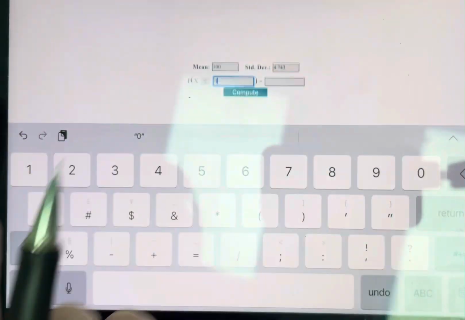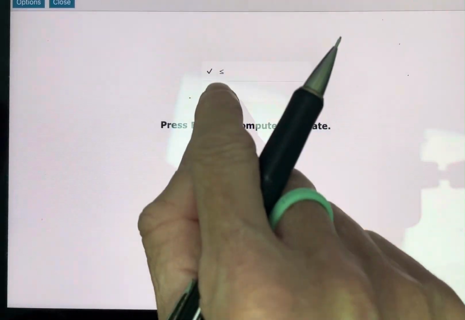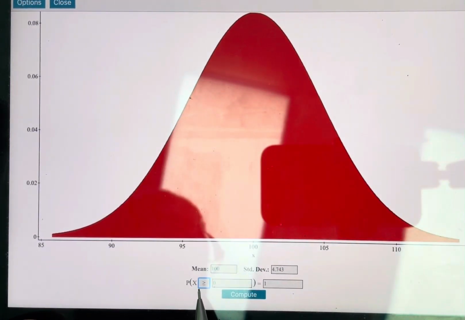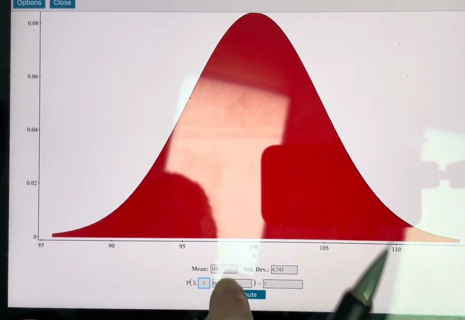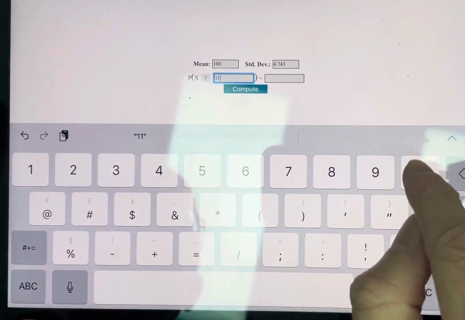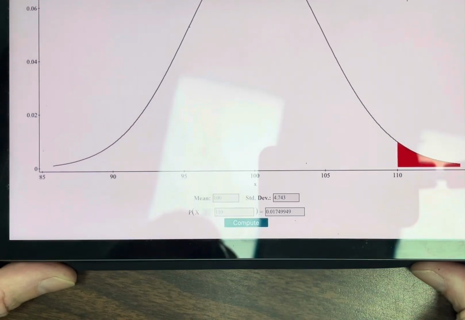And we want greater than, so I need to change my symbol to the greater than symbol. Okay, I changed my symbol down here to greater than 110.